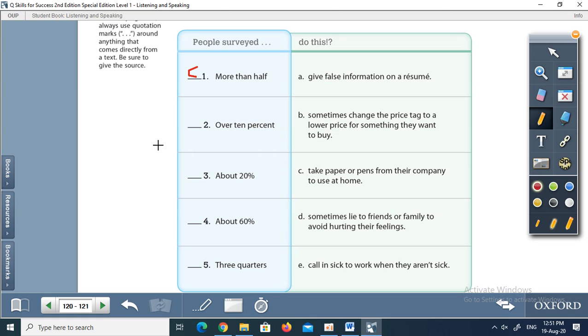Okay, that is supposed to be a C, but I can't draw very well with this little machine. Okay, so C is number 1.